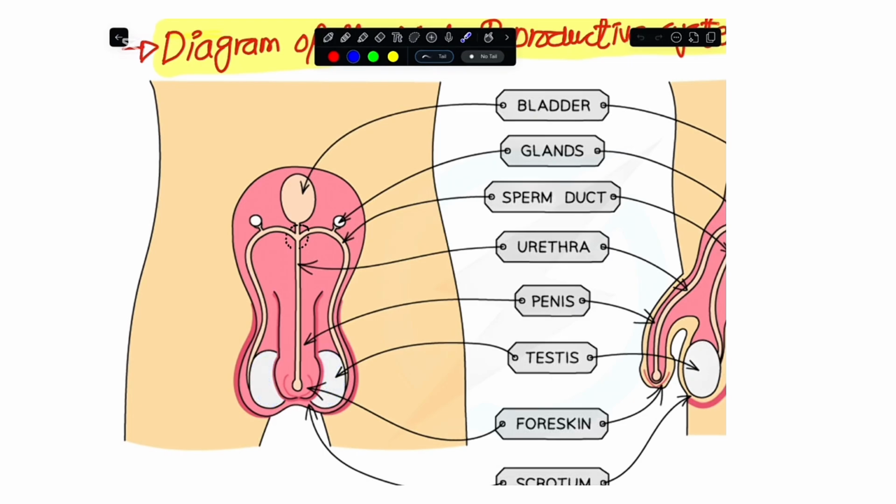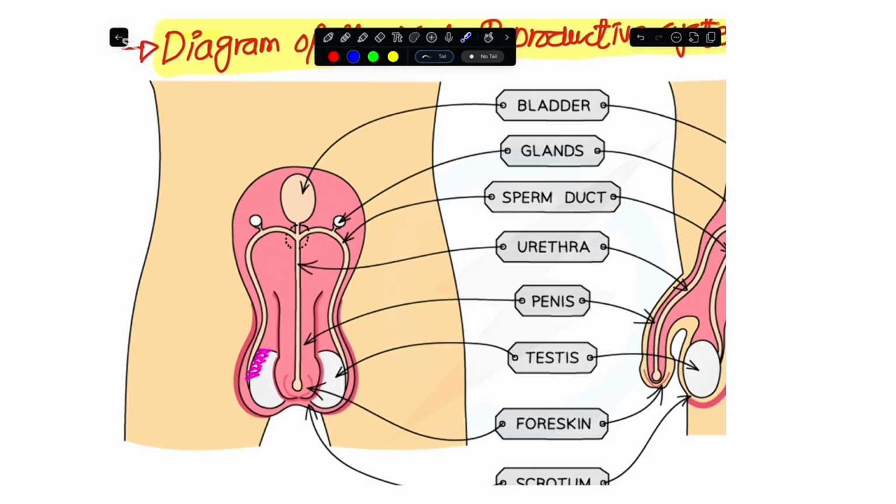In the testes, there would be production of the male gamete, the sperm cell, and after the sperm cells have matured here in the testes, they would be stored within a part that is not actually available here, and that looks like a coiled structure. That is the epididymis, and for a short period of time the sperm would be available here.